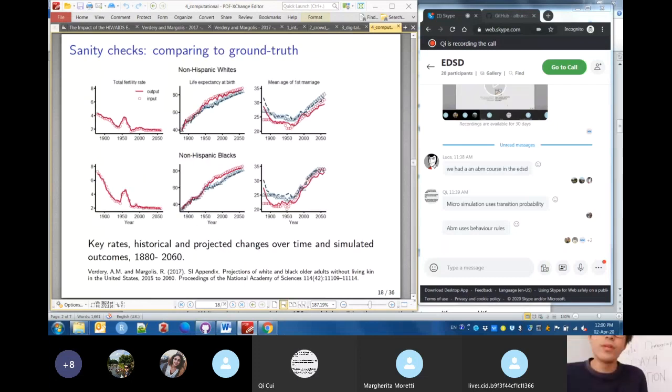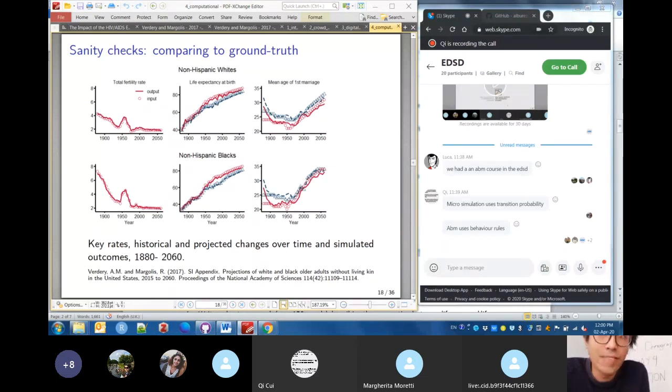So microsimulated populations are not real populations, right? That's very important to keep in mind. But we want them to be as close as possible to real populations, keeping in mind our research questions.